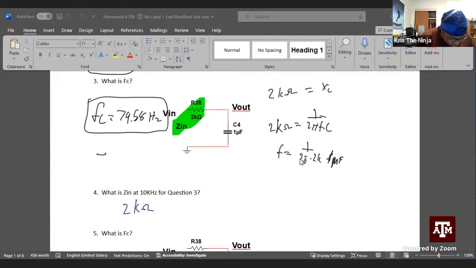Again, am I doing something wrong? Because this is the same question. This is literally the same question. Hold up. I'm doubting myself now.